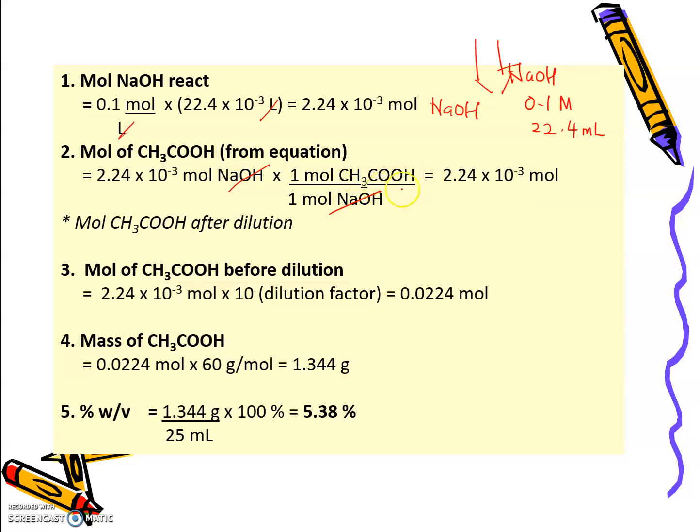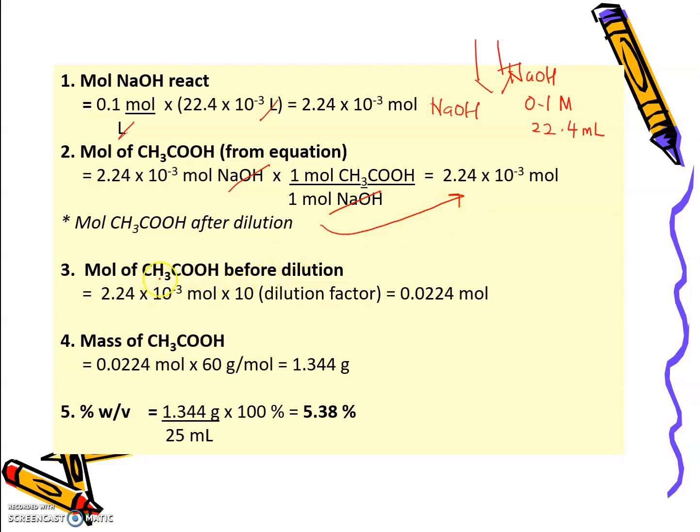Since the ratio is the same, we get the same answer, 2.24 times 10 to the negative 3 mole of acetic acid. But remember from the statement of the question, the acetic acid was diluted, so this is the number of moles of acetic acid after dilution.